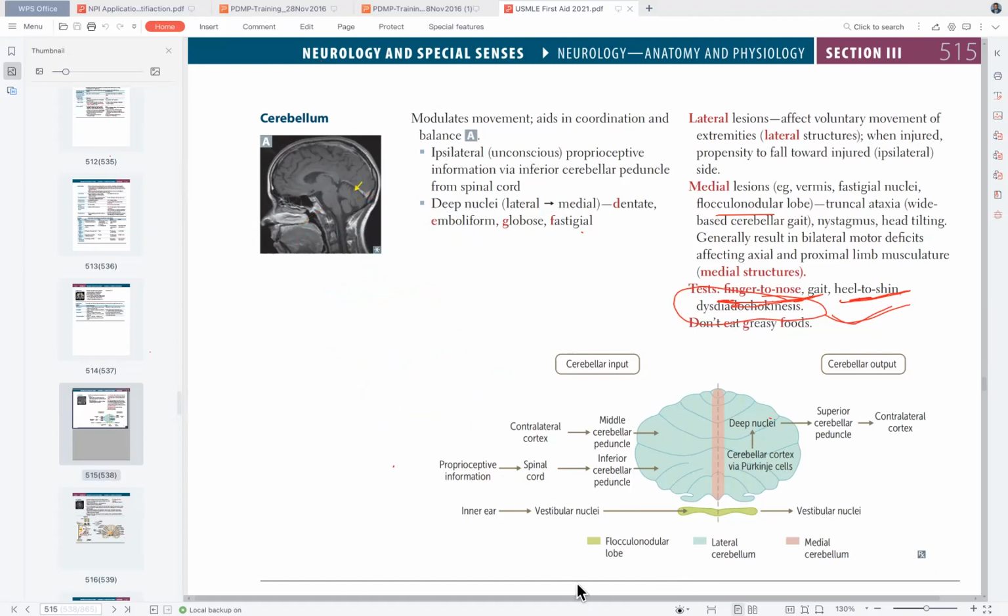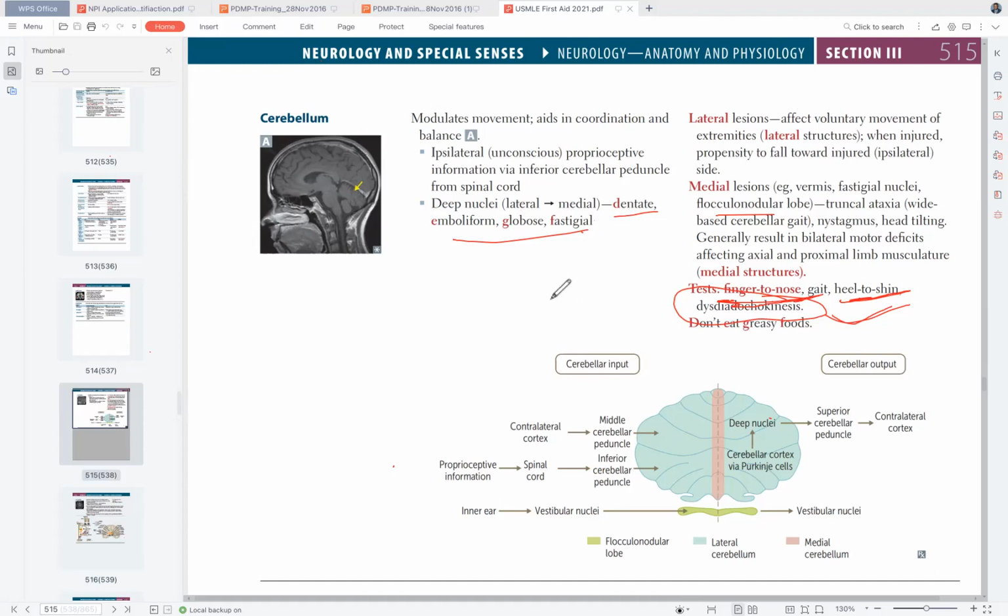So the cerebellum has some nuclei inside. We have the deep nuclei of the cerebellum, and here they are: the dentate, emboliform, globose, and fastigial.